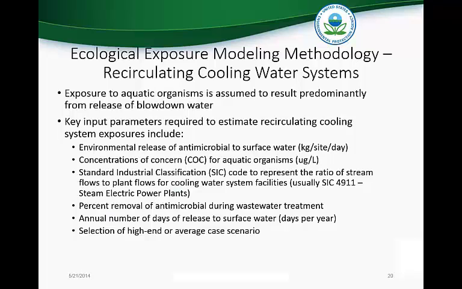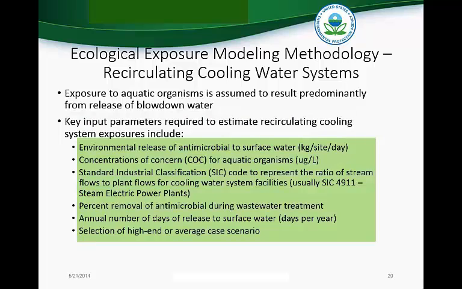Now I'm going to talk a little bit about specifically the exposure modeling methodology for recirculating cooling water systems. Exposure to aquatic organisms is assumed to result predominantly from release of the blowdown water. Key input parameters required to estimate recirculating cooling water system exposures include the environmental release of the antimicrobial to the surface water expressed in kilograms per site per day, concentrations of concern for aquatic organisms, usually in micrograms per liter, standard industrial classification code to represent the ratio of the stream flows to plant flows for cooling water system facilities.